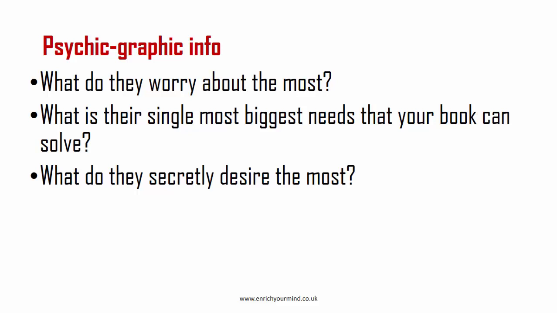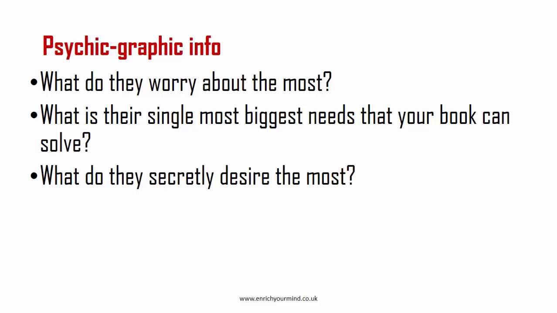Are they having financial challenges? And how do you present your book as the solution? Are they looking for a book that speaks on religious views, and are they struggling with their faith? Or if you're coming from a religious standpoint, what do they secretly desire the most?